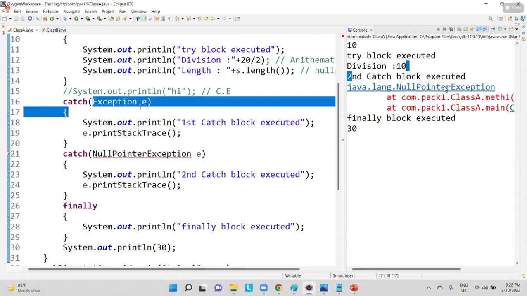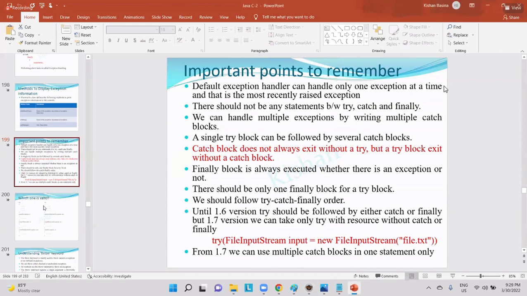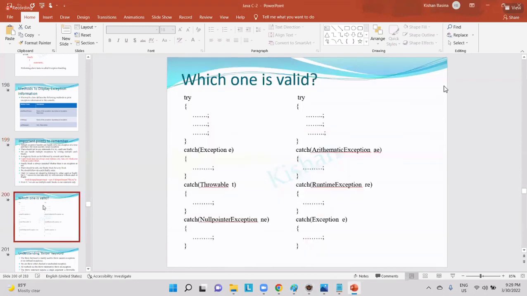Hierarchy should be like that. Don't write parent exception first. For example, can you please tell me which one is valid? This is first one. This is second one. Which one is valid?